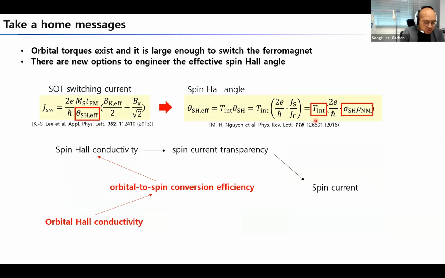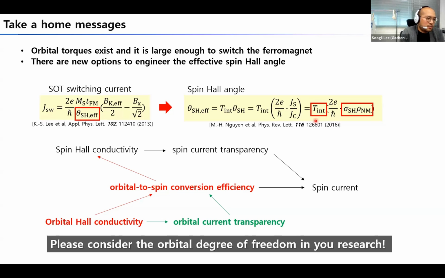And we also consider the orbital current transparency at the interface. These parameters can all impact the total spin current generation of the system. This is the take-home message for you. Please consider the orbital degree of freedom in your research. Thank you for your attention.